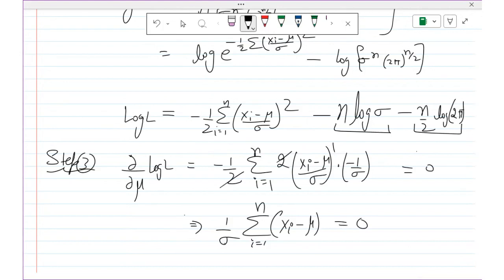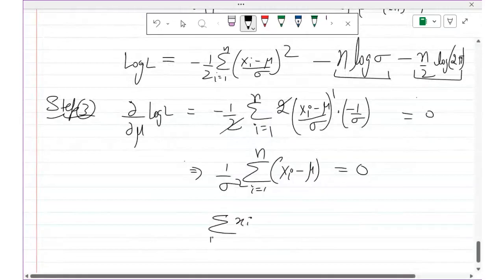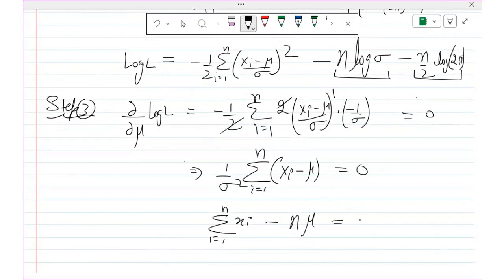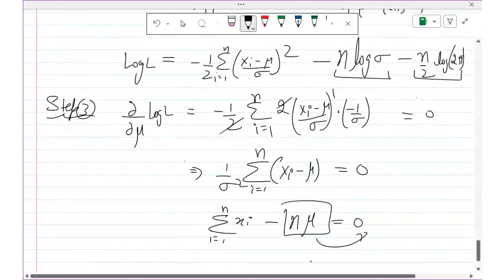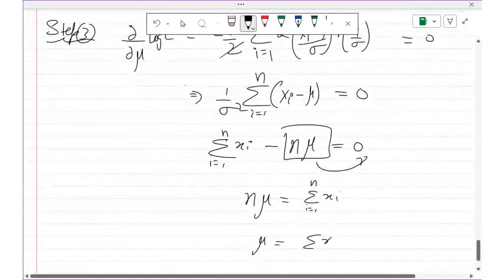Now send the sigma square to the other side, it will be 0. On the left side you will get sum of xi, i varying from 1 to n, minus the sum of mu n times, so mu plus mu plus mu n times. So you get n times mu is equal to 0. Now send this n mu to this side, so you get n mu is equal to sum of xi, i varying from 1 to n, or mu is equal to sum of xi divided by n.